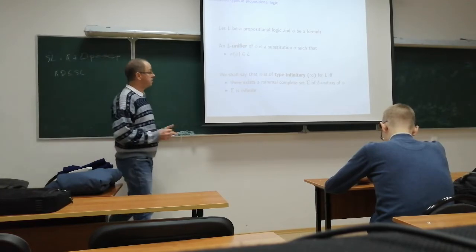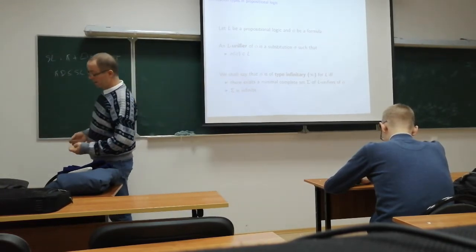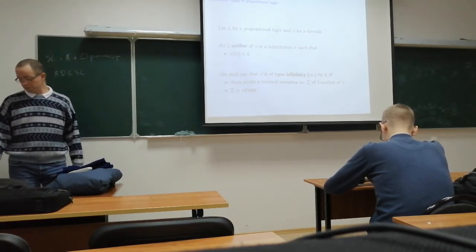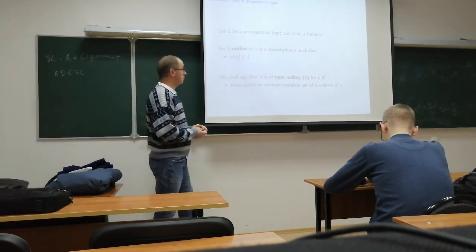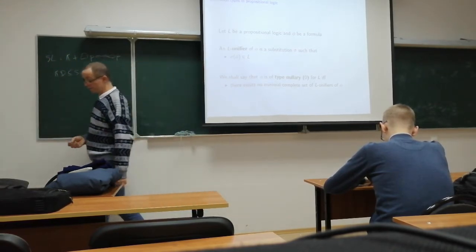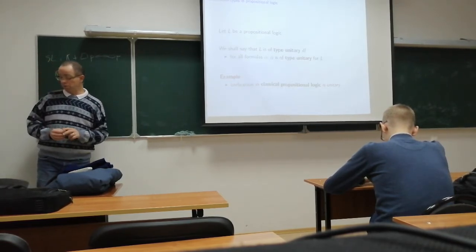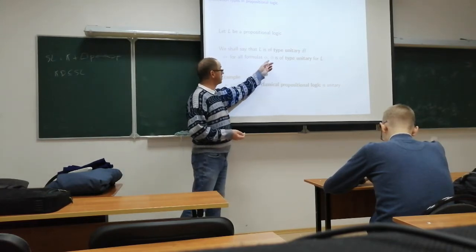Infinitary, if it possesses a minimal complete set which is not finite. Unfortunately, I have no example to give about an infinitary formula. And a formula is nullary if it does not possess any minimal complete set of unifiers. So, again, I remind that a logic is unitary if all its unifiable formulas are unitary.